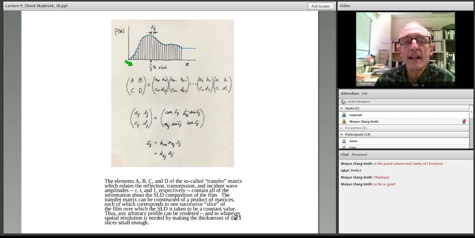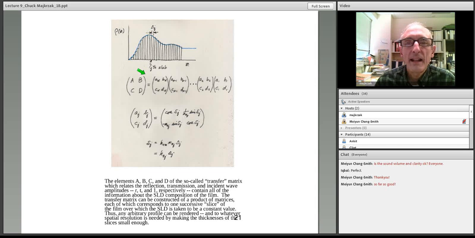And better yet, we can treat any arbitrary structure to any arbitrary degree of accuracy by slicing it into small pieces, like taking a loaf of bread and slicing it into slices that are constant scattering length density over some arbitrarily small thickness, let's say delta.